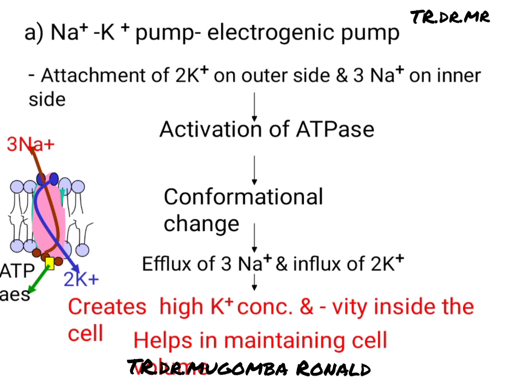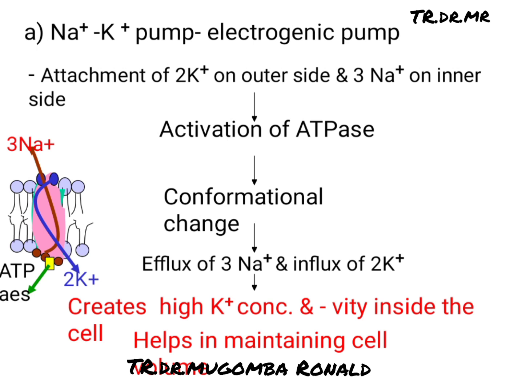In that way, the membrane ATPase, the carrier, is involved in hydrolysis of ATP, which produces energy, and that energy is important for this pump to undergo a conformational change that is going to cause us to pump 2 potassium ions into the cell and pump 3 sodium ions out of the cell. So we shall have efflux of 3 sodium and influx of 2 potassium ions into the cell.